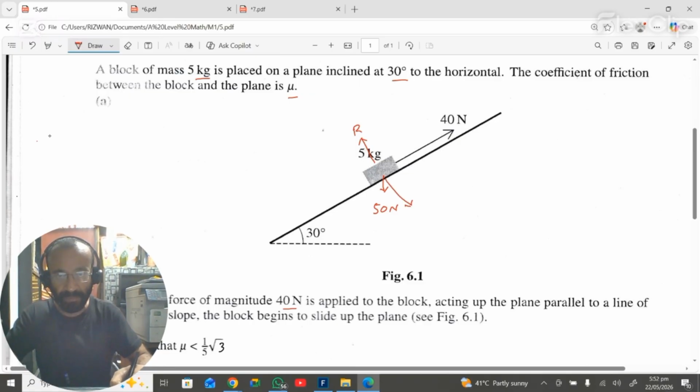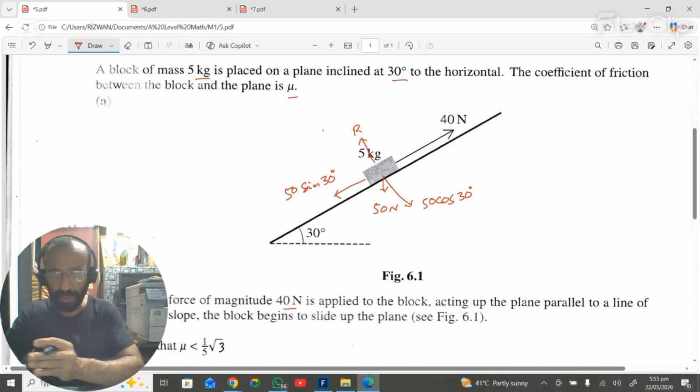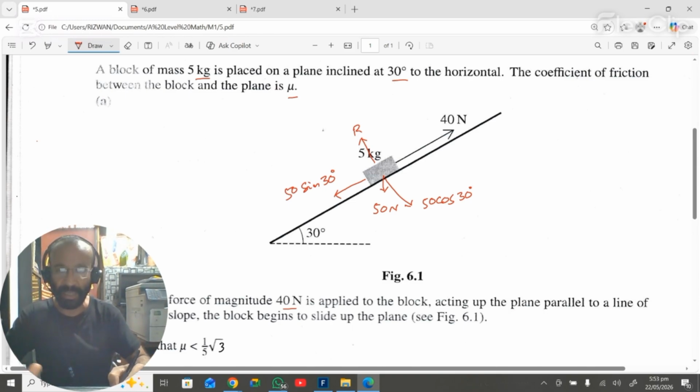The component 50 cos theta, where theta is 30 degrees, so 50 cos 30 degrees will act downward perpendicularly to the plane. Here will be the component 50 sine theta, so 50 sine 30 degrees will act downward parallel to the plane. So these are the forces which are acting on the system.